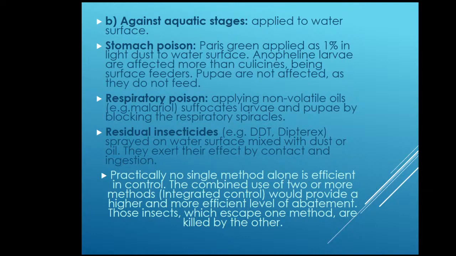Practically, any one method alone is not efficient for mosquito control. Very often, for successful killing of mosquitoes, we should use 2 or more methods which provide an efficient level of killing on different stages.